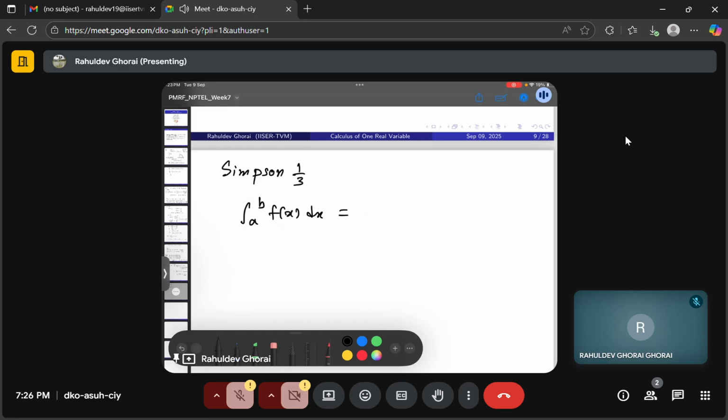Mainly it divides into 2 intervals, and it gives h over 3 times f(a) plus 4 f(a plus h) plus f(a plus 2 del x). Here h means del x, of course. So a plus 2 del x will be b, that is nothing but b.